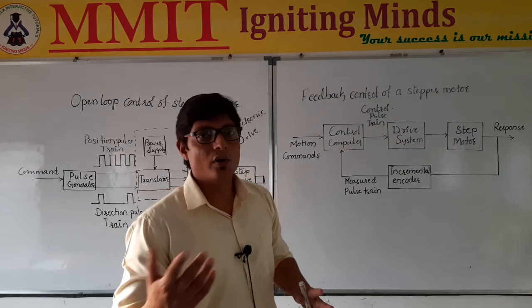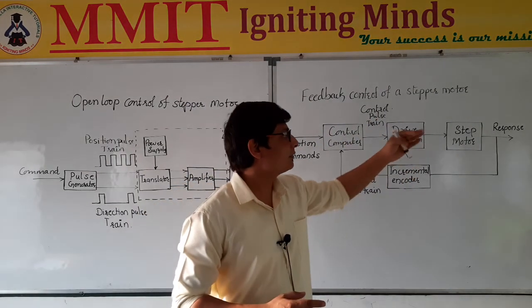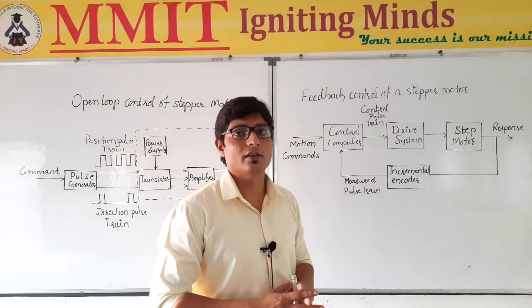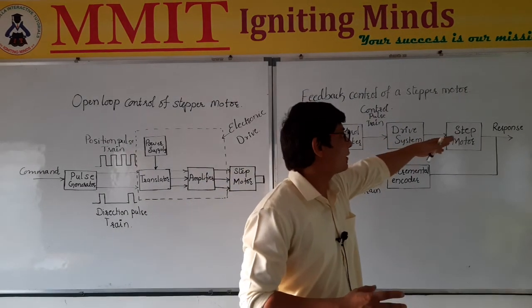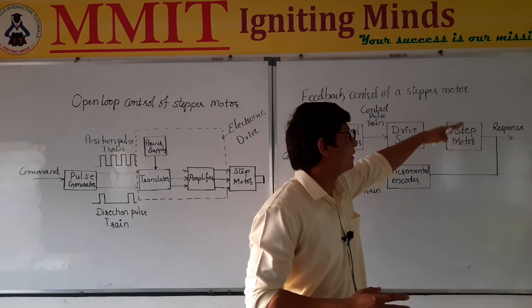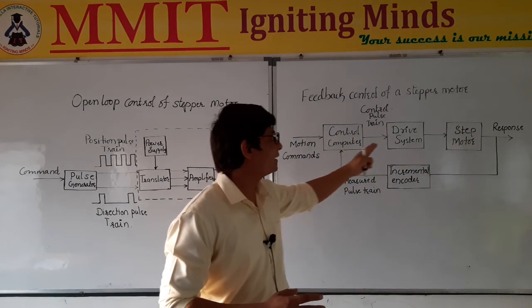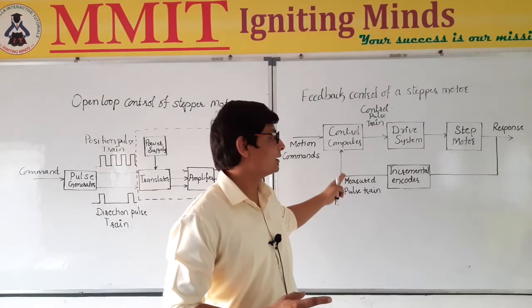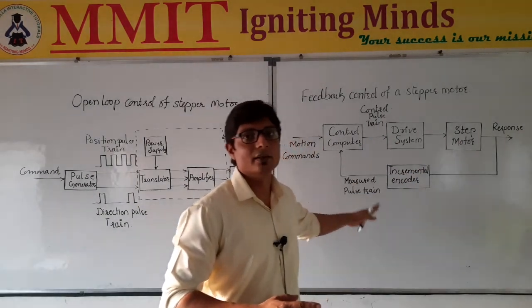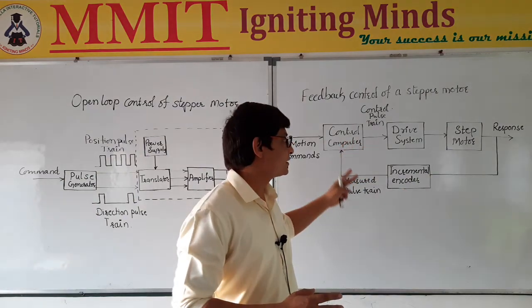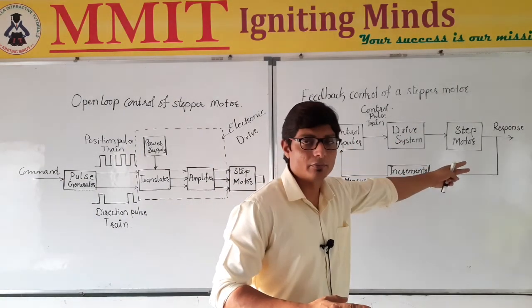The feedback mechanism detects the number of pulses, or the number of steps, from the response side, and here an incremental encoder is used. The incremental encoder is simply a digital transducer that measures the angular displacement of the rotor.